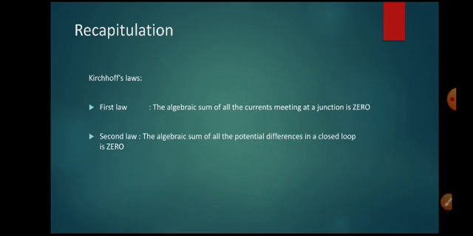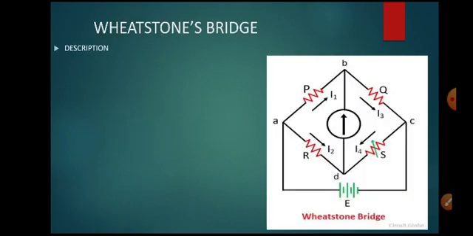So based on these Kirchhoff laws, Wheatstone developed a bridge that is called a Wheatstone bridge, which is used to measure unknown resistance. This Wheatstone bridge is an application of Kirchhoff laws.